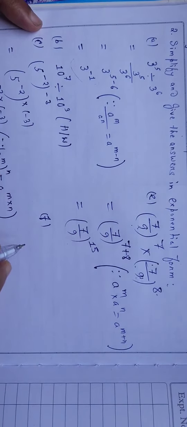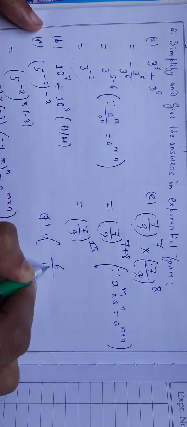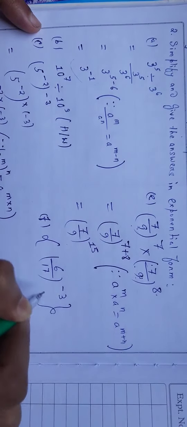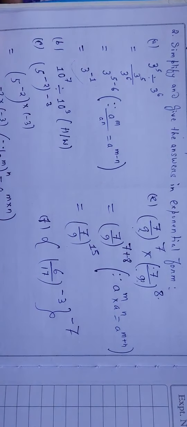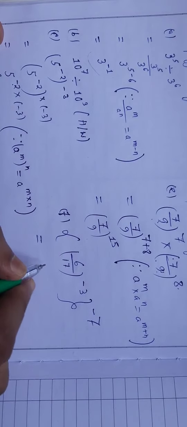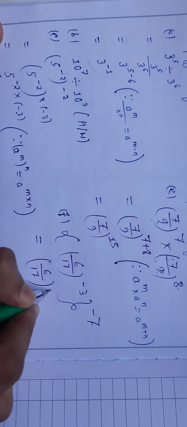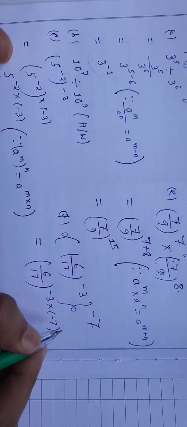Next question, question number F. 6 by 17 to the power minus 3, whole thing to the power minus 7. This can be written as 6 by 17 to the power minus 3 into minus 7.